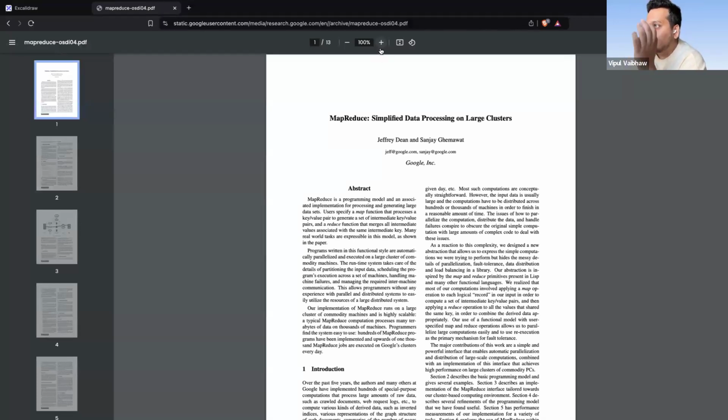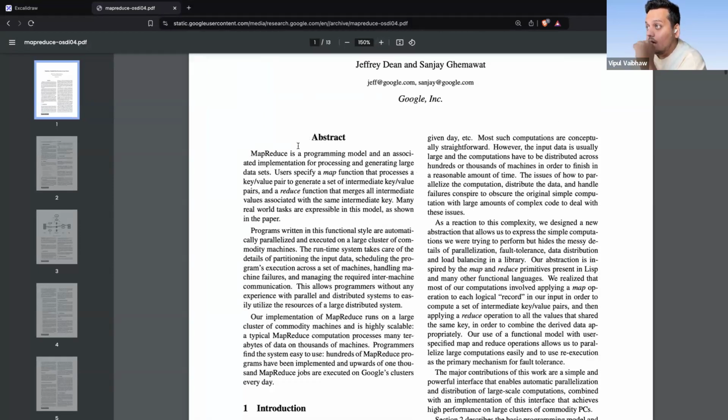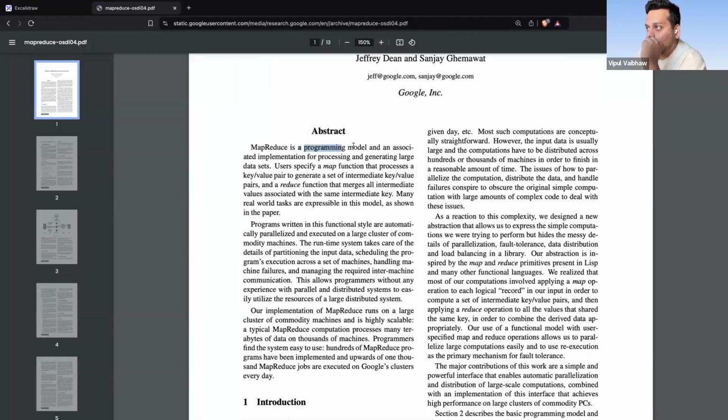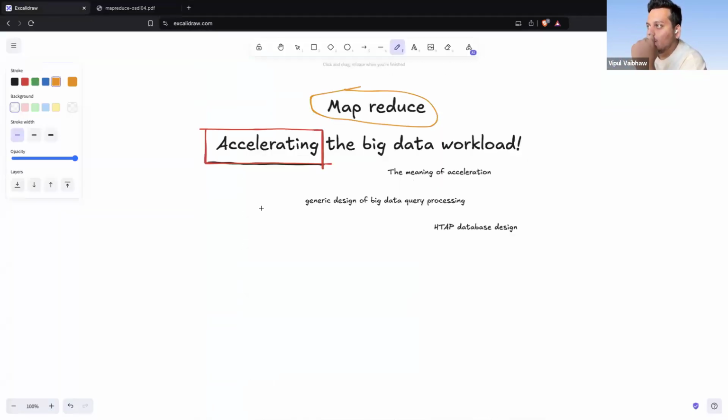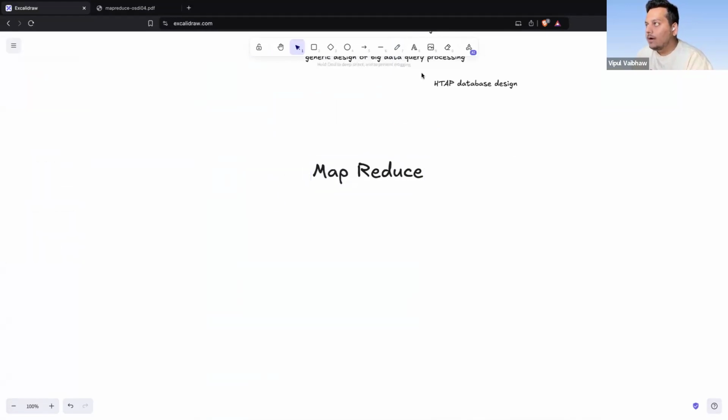So the idea is, how do we come up with a programming model, and use that programming model to have two key functions? So we have got MapReduce, right? Obviously, MapReduce is built on top of two important concepts.